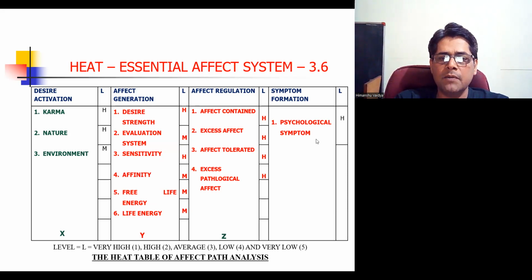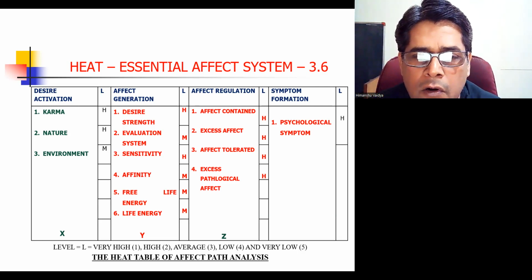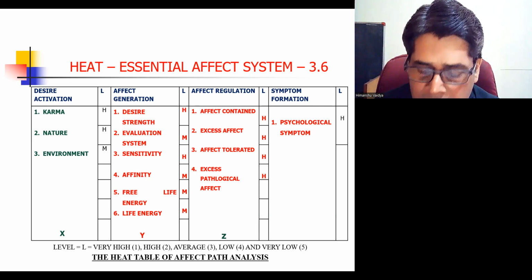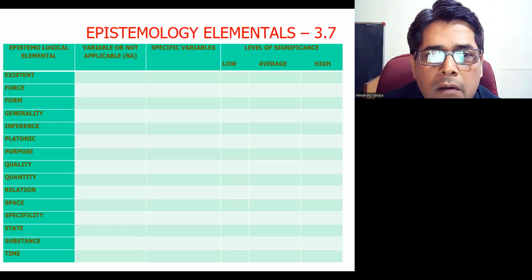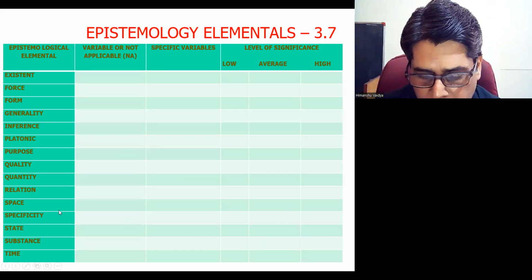And then finally the symptoms. So this gives us an elemental root point of what has gone wrong to create so much negative affect and blockage, and which variables were responsible, leading to this point where something went wrong. So we use the epistemological variables.